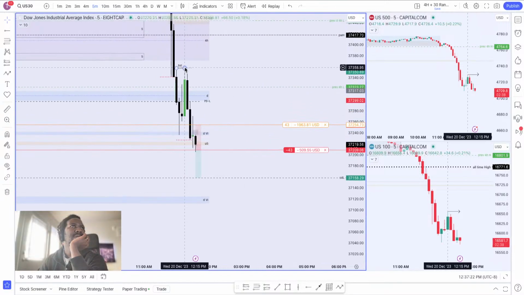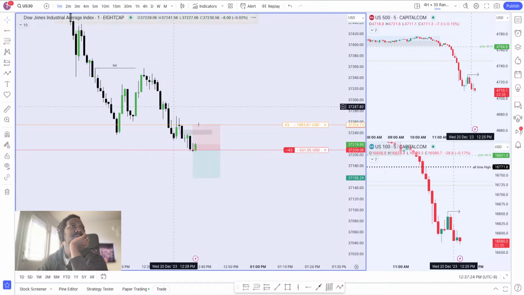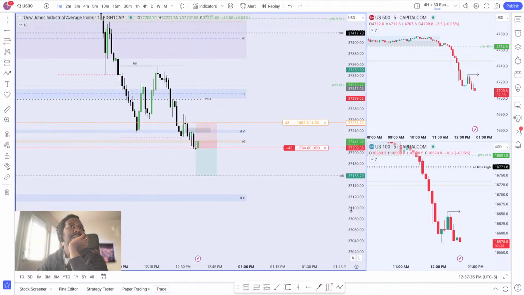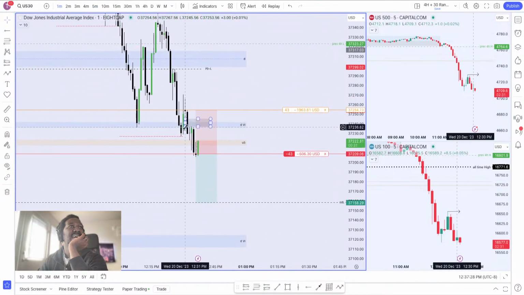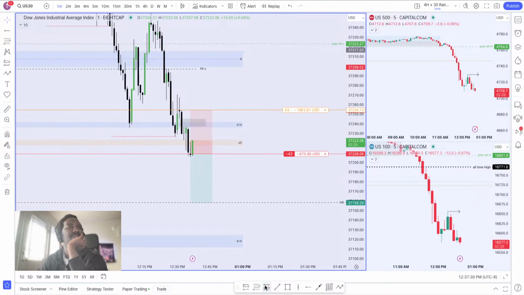These two equal candles right here are something to watch out for. Now, this high is supposed to be my buy entry.